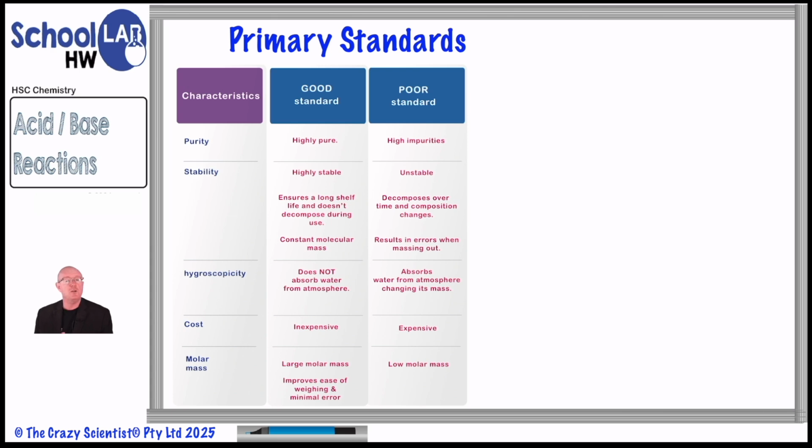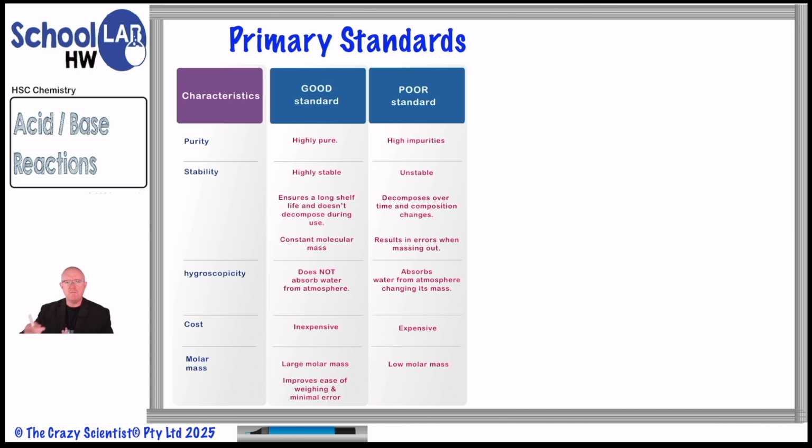Okay? And then we look at hygroscopicity. Well, what is that? Well, it's the ability to absorb water from the atmosphere. If something is hygroscopic, it's going to absorb water from the atmosphere. That, of course, changes its molecular mass, and therefore it becomes harder to get a known mass to make up a primary standard.